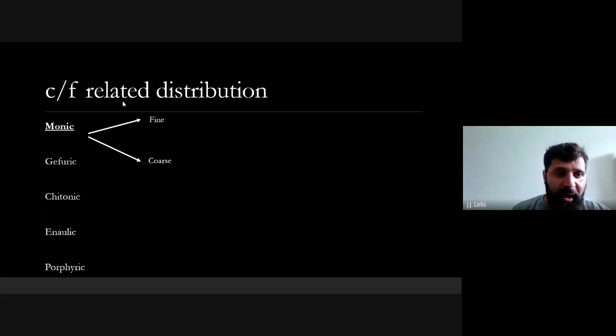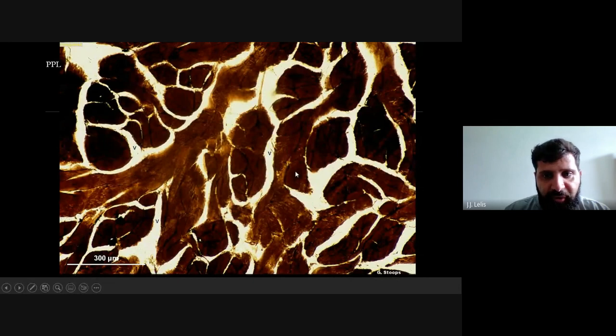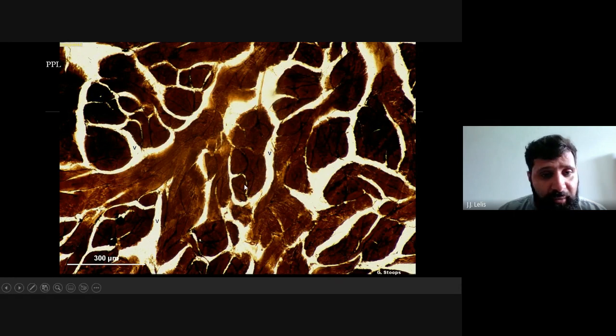Okay, so I have the fine monic, that is only composed of the fine fraction. Like in this picture, I can't see any coarse fragment, any coarse fraction, any crystal of a specific coarse material. I can only see peds or aggregates composed of the fine fraction.